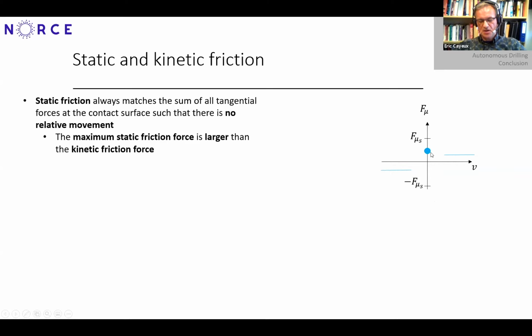This is the friction which is necessary to make sure that there is no sliding between the two surfaces. So we solve that equation for any place along the drill string so that we calculate the exact static friction force so that there is no sliding between the two surfaces.